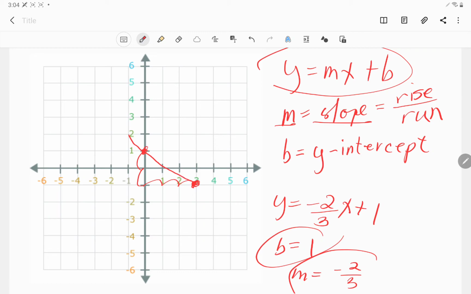This is the graph of y equals negative 2 over 3 x plus 1.